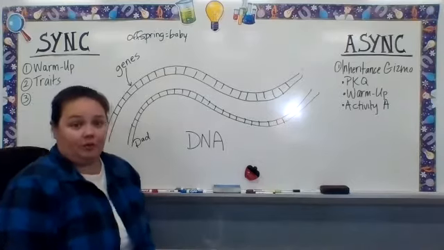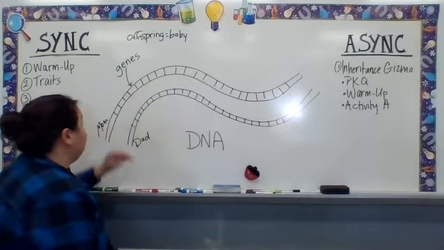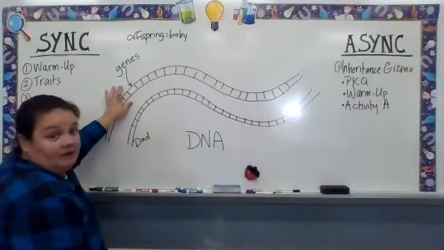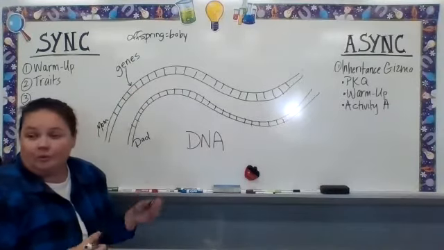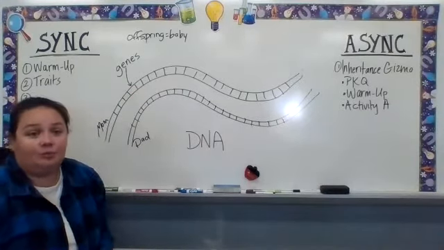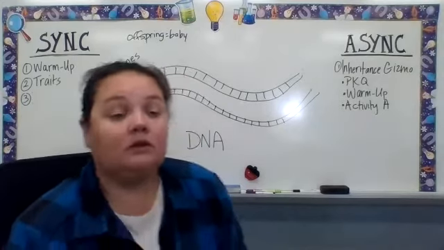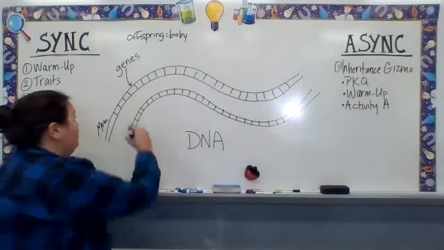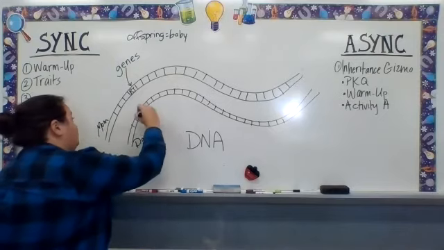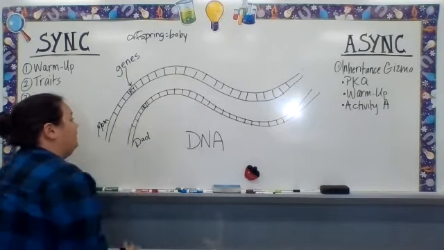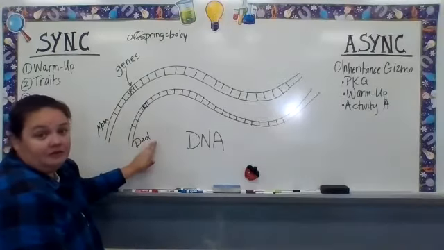Not blue jeans like you wear, but genes as in a piece of your DNA. And if you have a gene on this strand of DNA, you also have the same gene over here. So for example, one gene that you have is the ability to roll your tongue, which means make the taco with your tongue. So you have a rolling tongue gene here, and you also have a rolling tongue gene here. You get one from mom and one from dad.